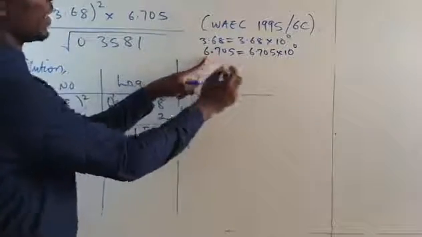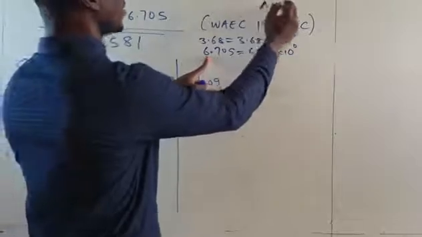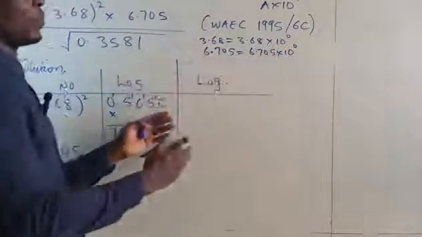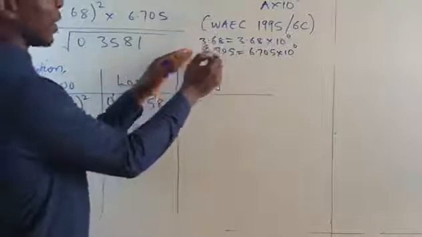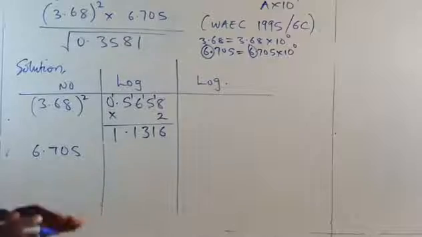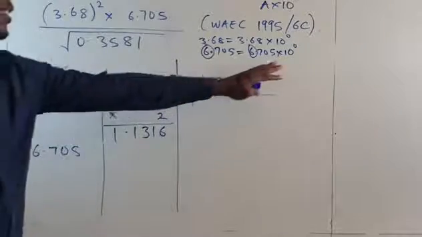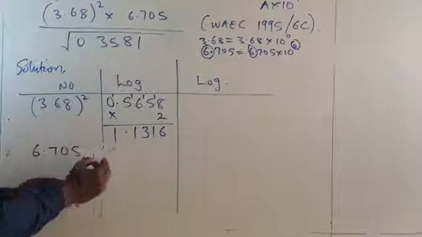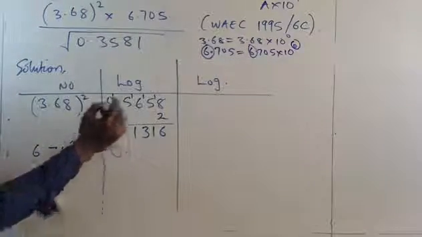The standard form is the form A times 10 raised to power of n, where A is a number between 1 and 9, and the first number between 1 and 9 here is 6. So we have 6.705 times 10 raised to power 0. So the power to base 10 is 0, so the integer part is also 0 point.